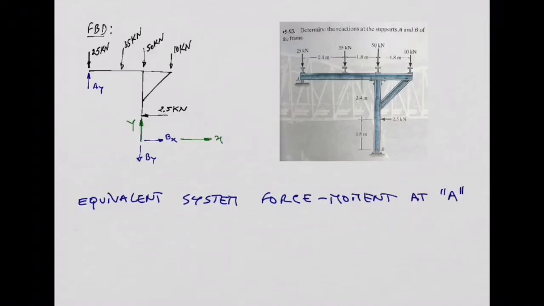So, first thing, we need to calculate the resultant of the forces. And that resultant is basically the summation of all the forces we have. So let's do it this way.